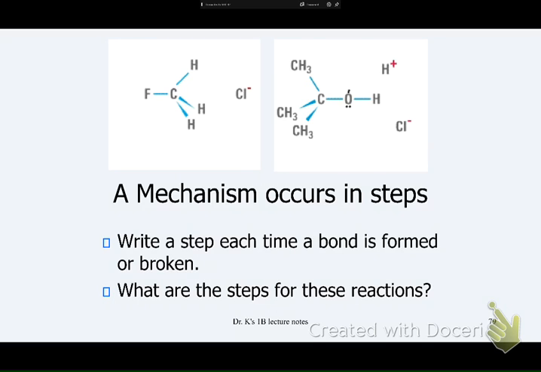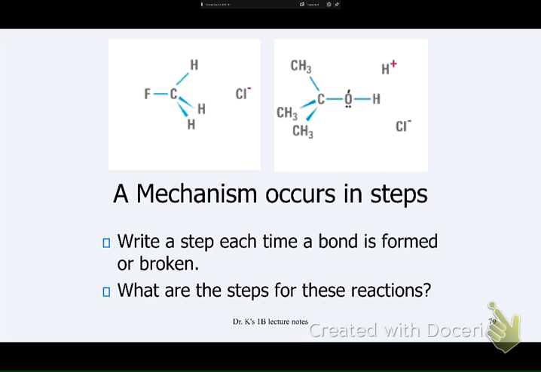Which is the slow step? Right? Well, there's only one step. So this has to be the slow step. If this mechanism is correct, and it turns out this mechanism is correct, you can write the reaction rate law from the mechanism like this.